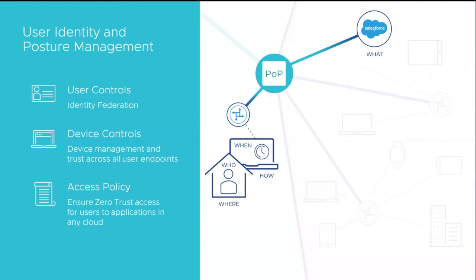And once I've authenticated against Workspace ONE, I don't need to authenticate subsequently against additional apps. So I'm no longer spending a couple of hours a week inputting usernames and passwords and repeatedly acknowledging multi-factor authentication prompts.